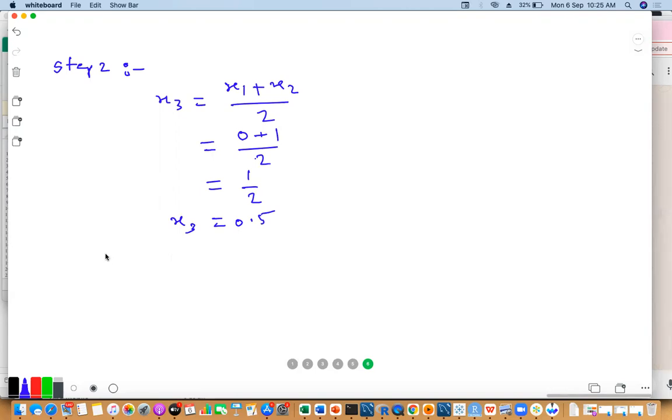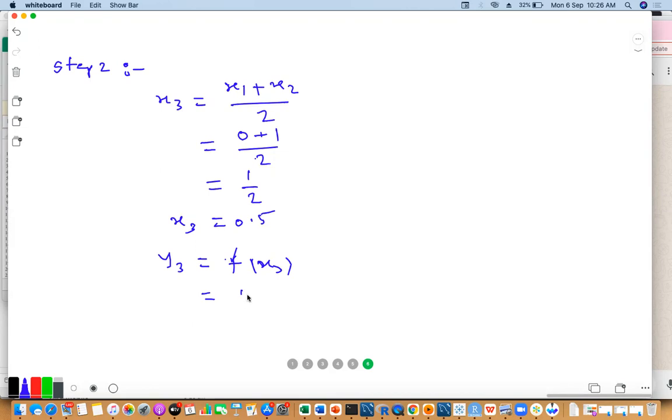Now let us calculate y3 value. For this x3, what is y3? y3 is equal to, put x3 in f of x. Okay.